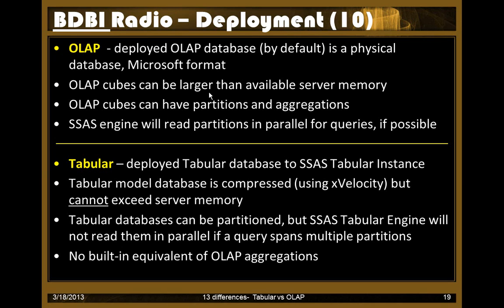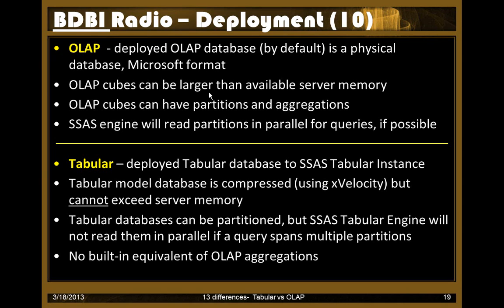And remember, OLAP cubes can have partitions with aggregations in it, so that when people run at higher levels like year and quarter and region and brand and so forth, the Analysis Services engine can read those aggregations, which will obviously result in much faster performance. And as I also mentioned, the Analysis Services engine will read partitions in parallel.